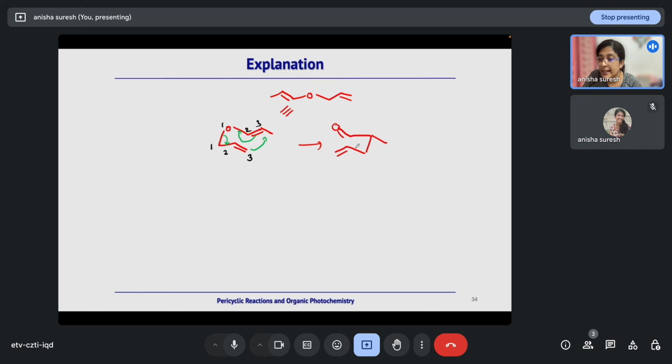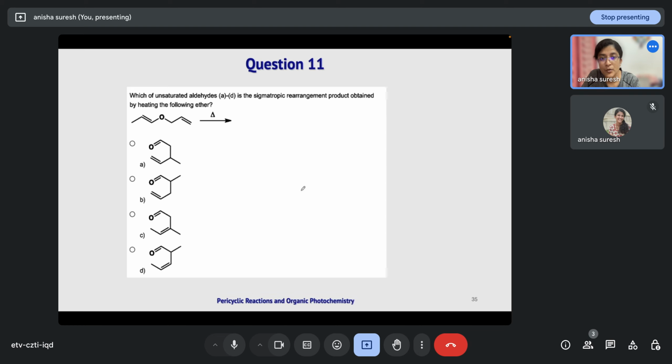So this is the final aldehyde that will be forming. Okay.